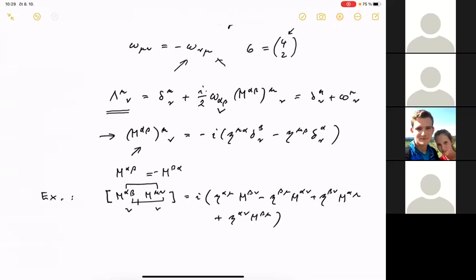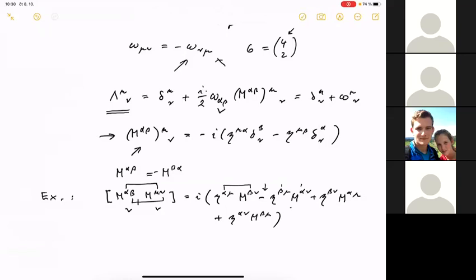So for instance, this term and this term differ by exchange of alpha beta, so there is a minus sign in order to satisfy the antisymmetry, and so on. So it is necessary only to remember this first term, and all the other terms can simply be derived from the requirement of antisymmetry in alpha beta and mu nu.